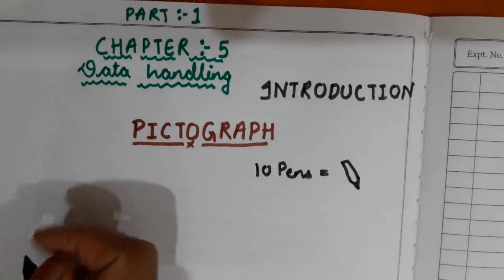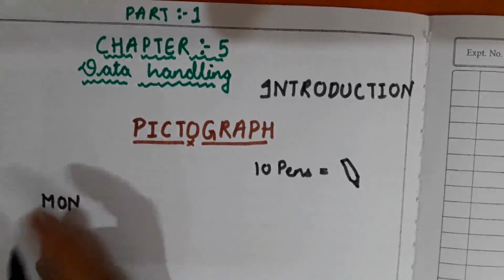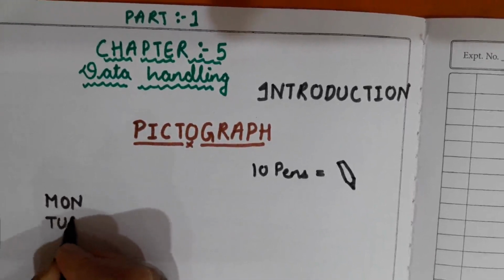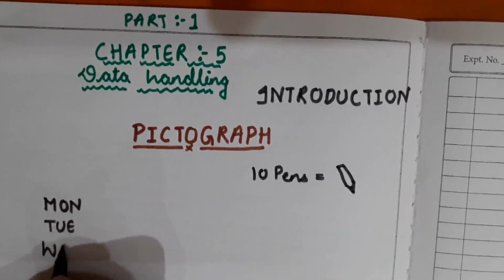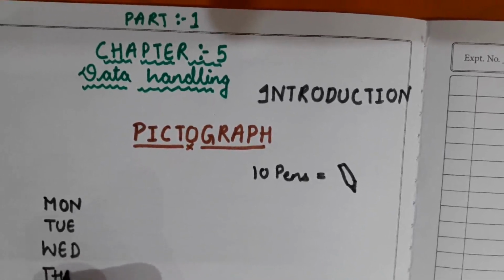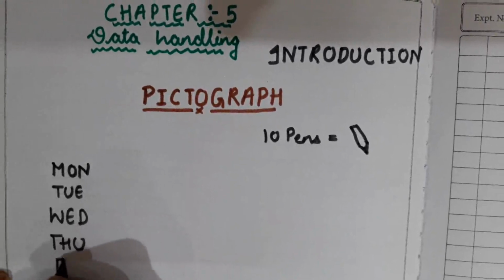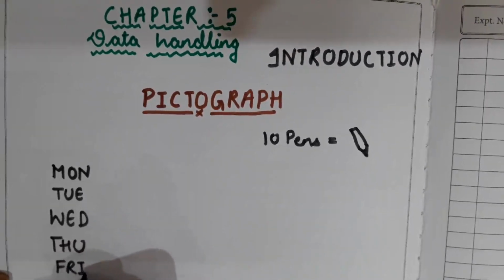Okay, so what kind of data are we having? Monday, Tuesday, Wednesday, Thursday, Friday.